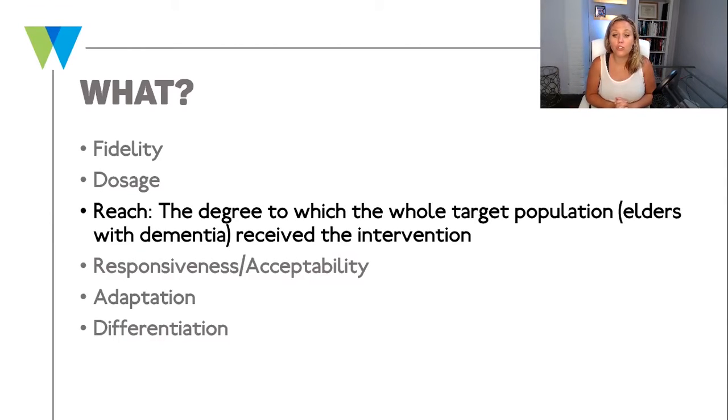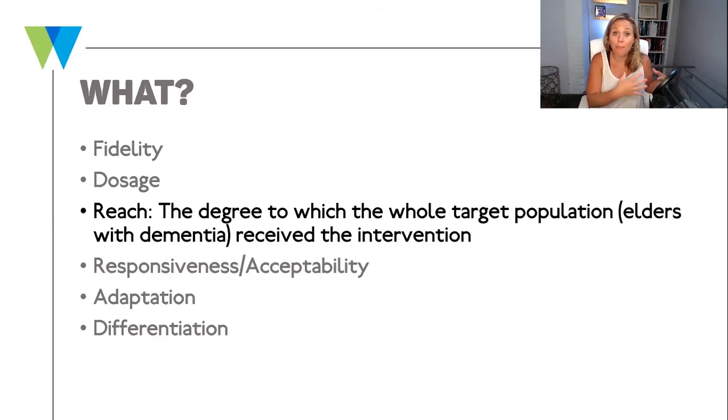Reach refers to the degree to which the whole target population, so in this case, elders with dementia, received the intervention. So are we getting all elders with dementia in this PA protocol? Or maybe we're missing some. Maybe we're missing people in rural contexts. Maybe we're missing people with really severe dementia who are hospitalized.